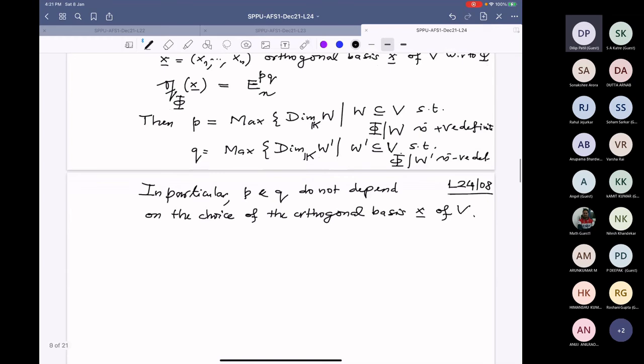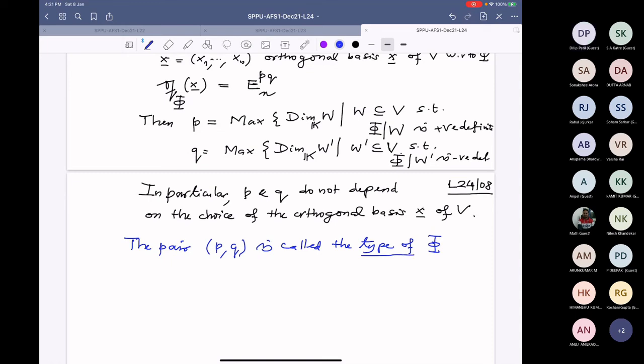So this gives us a definition. This again, I don't have time to go. This again gives us a definition. The pair (P, Q) is called the type of phi. P is called the inertia index of phi.